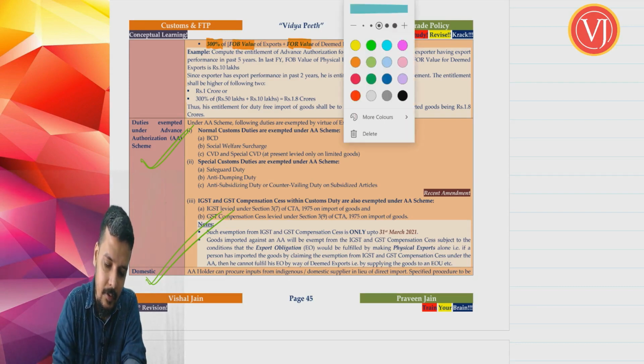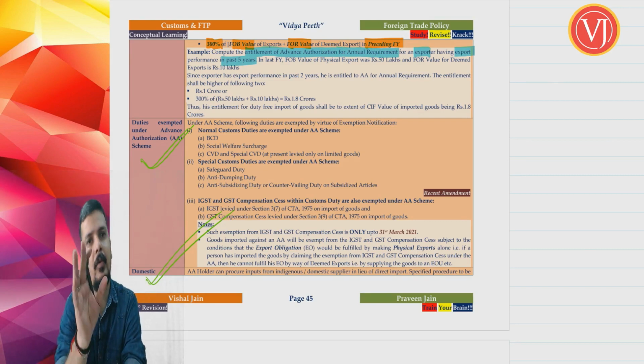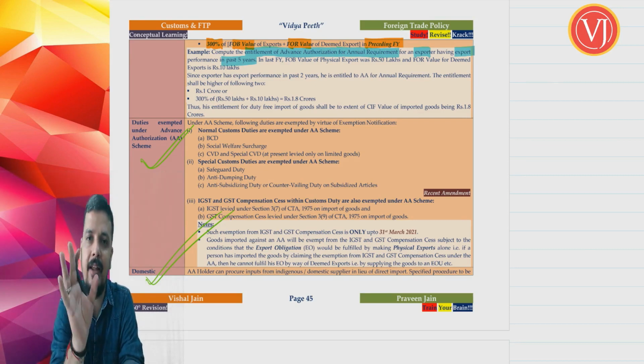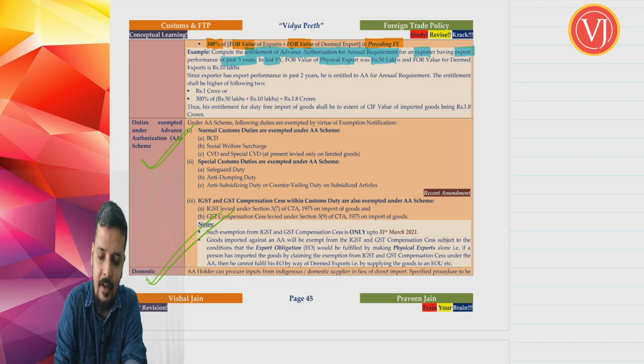So compute the annual advance authorization requirement for an exporter having export performance during the last 5 years. So has he proved the condition? Yes. What is required is that your export performance should be there in the last 2 years. He has proved it for the last 5 years. In the last financial year, the physical exports were 50 lakhs and deemed exports, FOR value, were 10 lakhs.